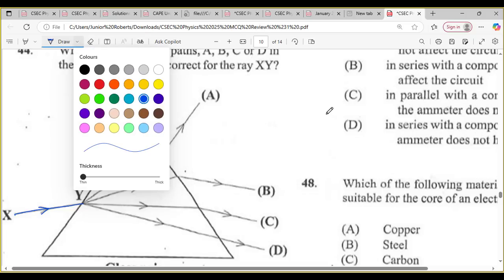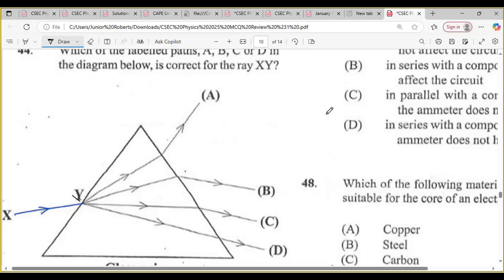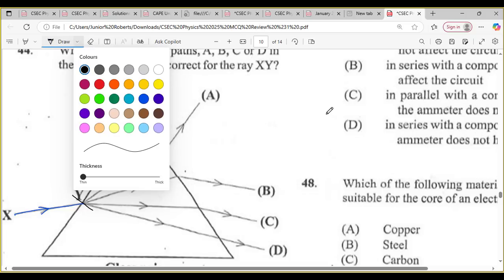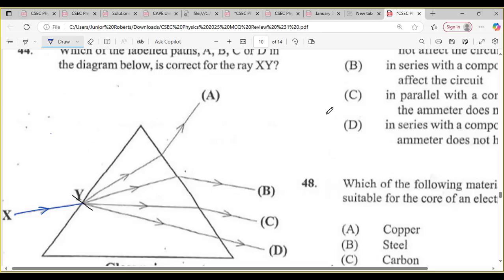If we consider a normal at this point, perpendicular, we would expect the ray to refract such that it moves closer to the normal. This one looks to be continuing straight. B continues straight, so we're going to ignore that. So that is not so, that is not so. So it could go something like that, right? Or it could go something like this.